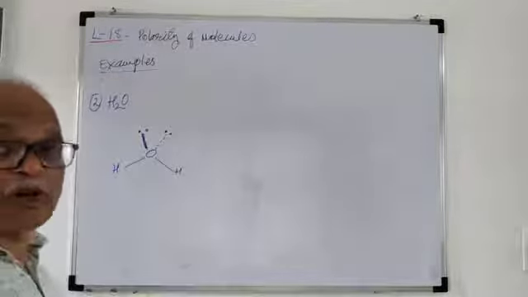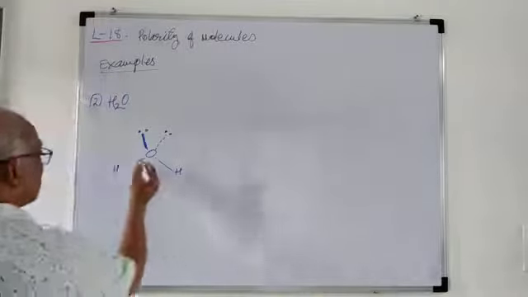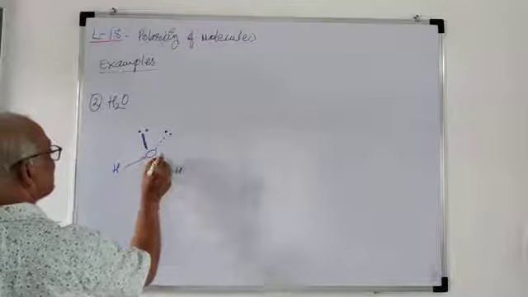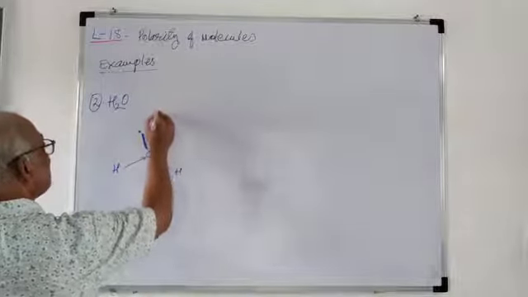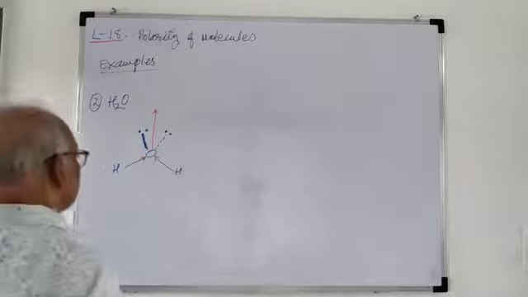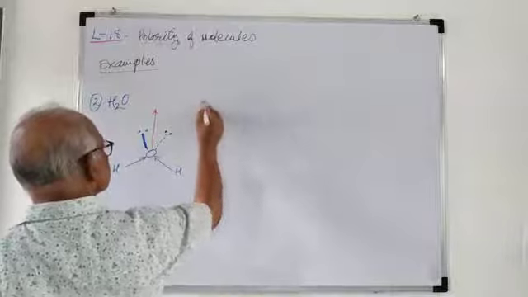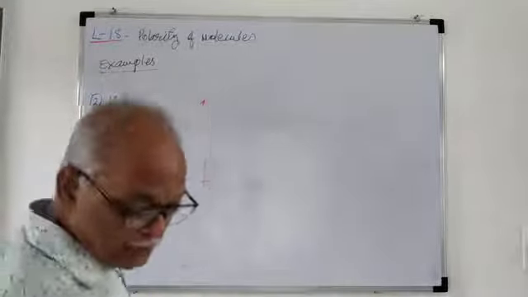The direction of the dipole in this molecule is like this, and the lone pairs are pointing their dipole in this direction. So the net dipole of this molecule is pointing in this way.